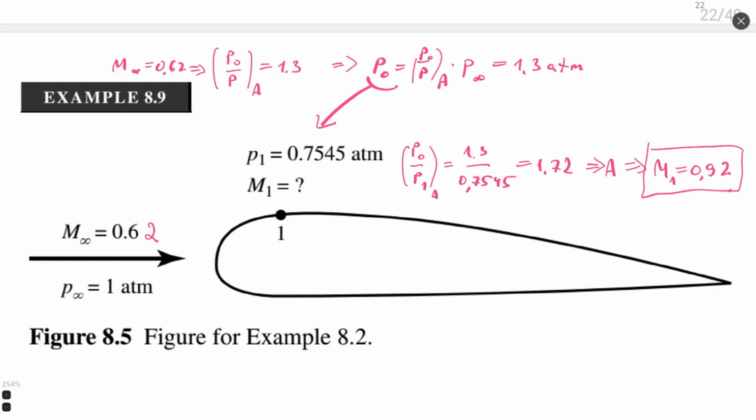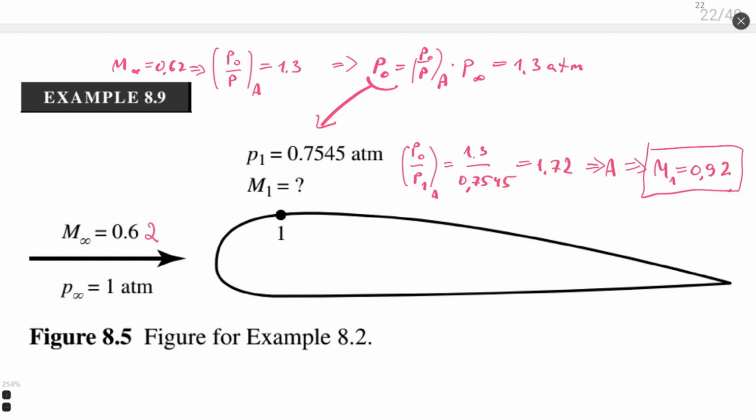And we see that 0.92 is subsonic value. So we are also satisfied with this condition. There are 2 parameters we check: must be subsonic and more than M infinite, and then we are okay now with this result, at least theoretically.